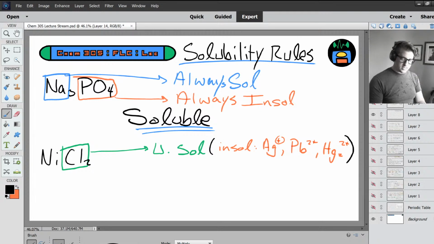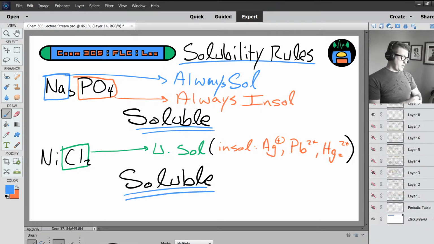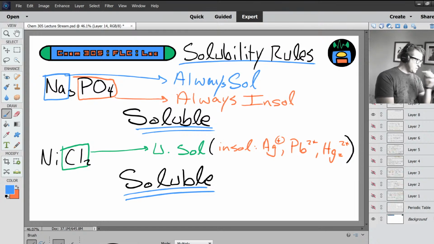All right, that's when it is insoluble. So, because nickel is not on this list, that means that nickel 2 chloride will be soluble in water. All right, these are the types of solubility rule questions you can expect to see on the exam, which drops a week from Friday.